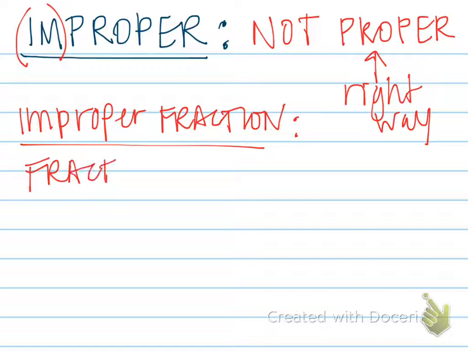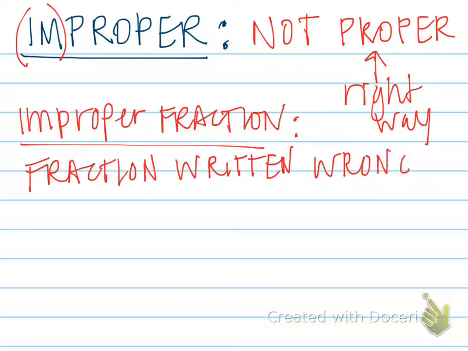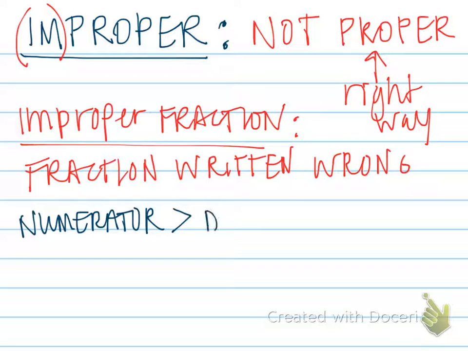So a fraction written wrong. What do I mean by that? All right, well, let's look at it. If a fraction is written wrong, the numerator will be greater than the denominator.